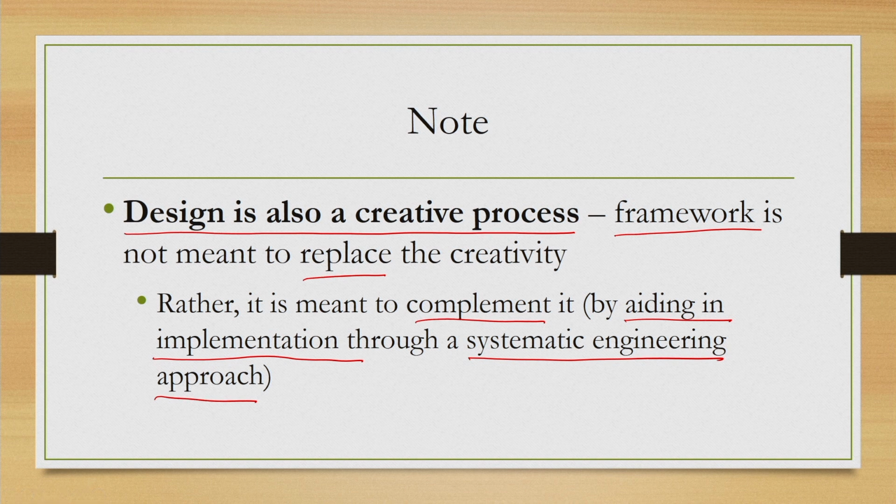So, that is the true goal, that the design of a system has a creative component as well as a systematic component. Framework is meant to help in the systematic component, which is primarily meant to let the designer understand the process better, whereas the creative aspects are still there and the framework is meant to complement that process.